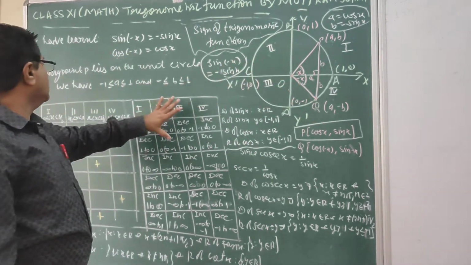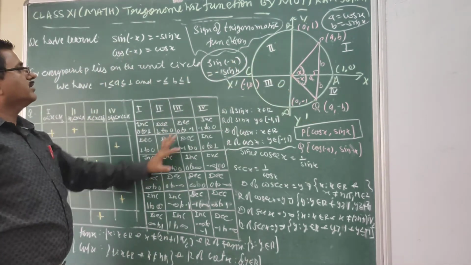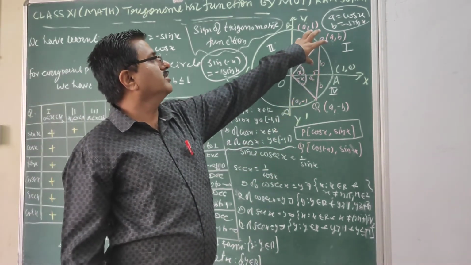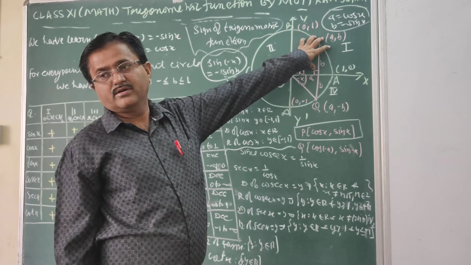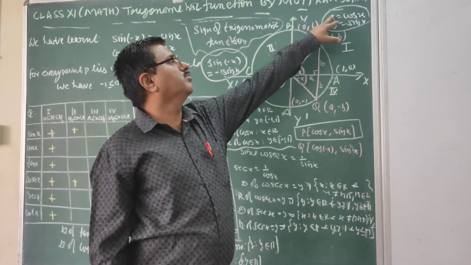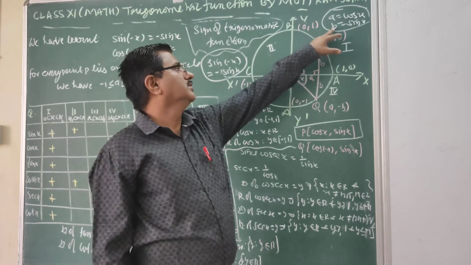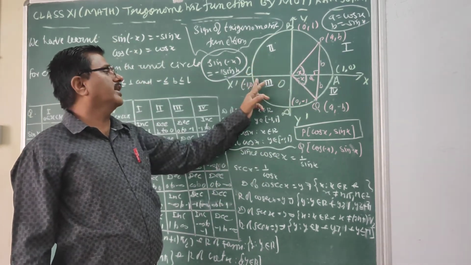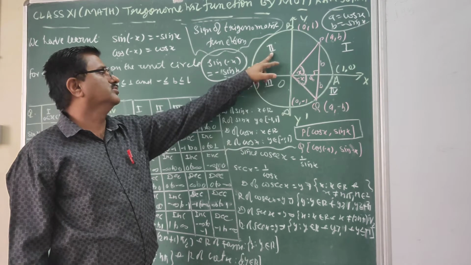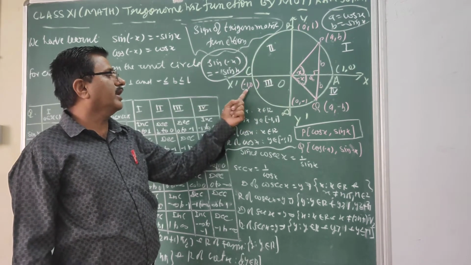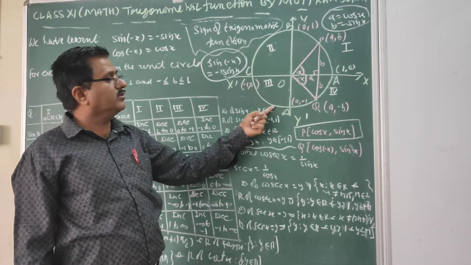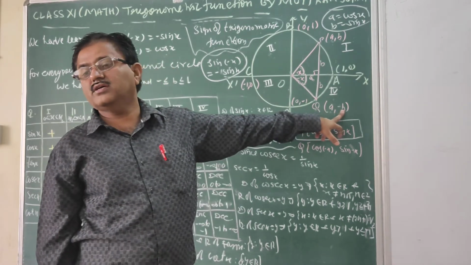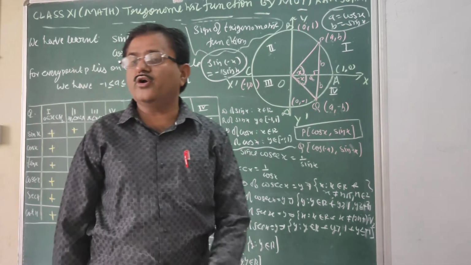Before that, you see in the first quadrant the values of a and b are both positive. In the second quadrant x is negative and y is positive. Similarly, in the third quadrant x and y are both negative. In the fourth quadrant x is positive and y is negative.